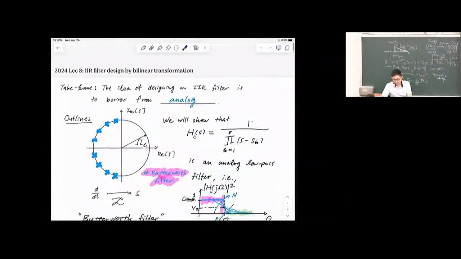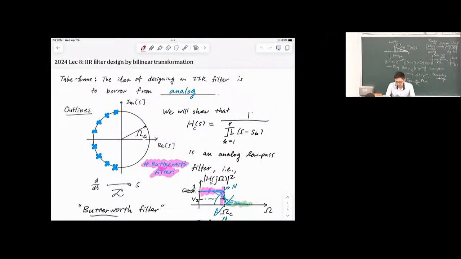Let me even put it here. The idea of designing an IIR filter is to borrow from an analog prototype. Even more beautiful. You sound professional when using big words. We are inspired by analog prototype.